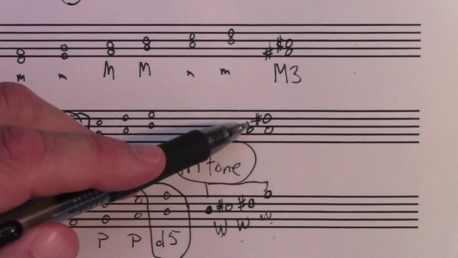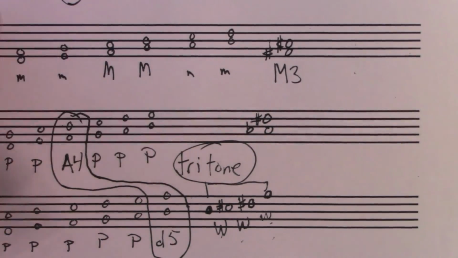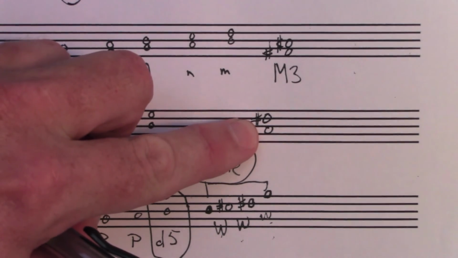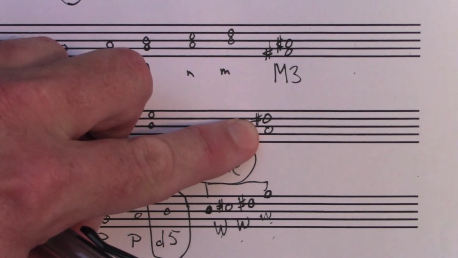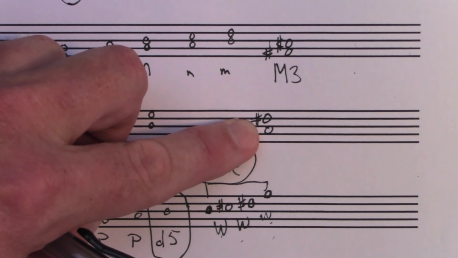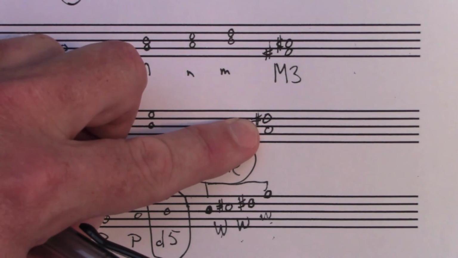Let's just do one accidental at a time. If we have our perfect fourth and we raise the top note, does that make the interval larger or smaller? Larger. So perfect, and you make it larger, it becomes augmented. Remember, no major or minor dealing with perfects. So now we have an augmented fourth.